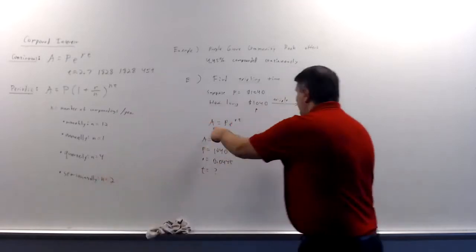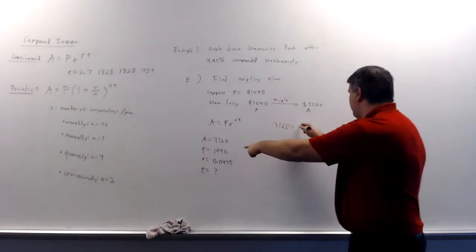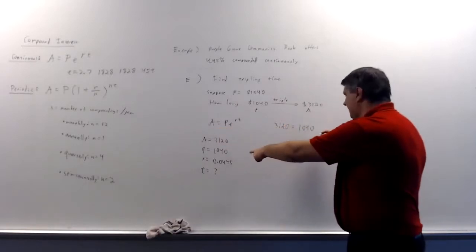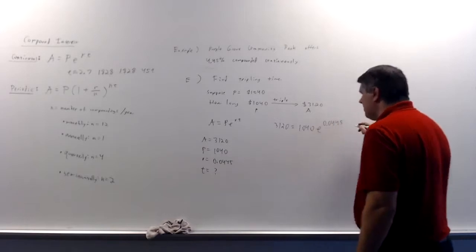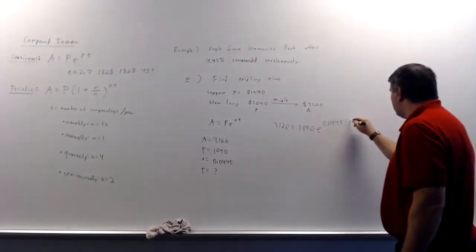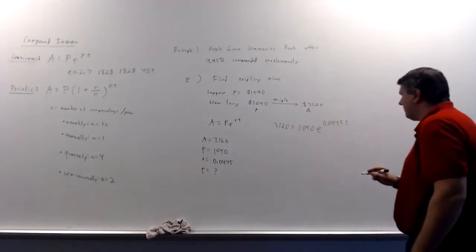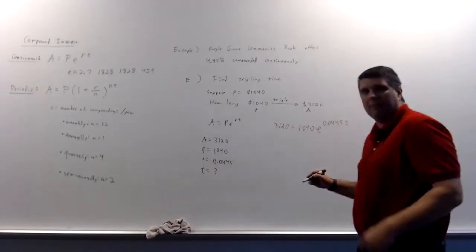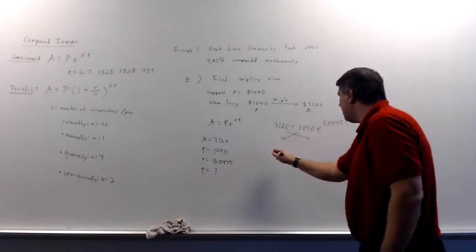So when will 3120 equal 1040 e to the 0.0445 times t power. I'm sorry, my brain went back in time. I'm solving for t, so I will switch the sides and divide.